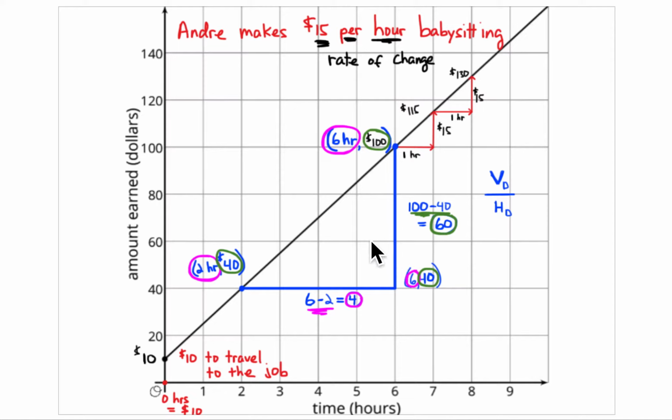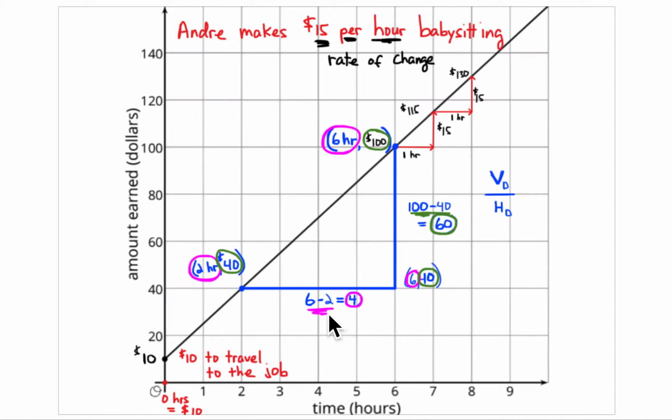And likewise, the number of units in the horizontal direction is that 6 hours minus the 2 hours. So you have to take this 2 hours away, and it slides the slope triangle to the y-axis. We slid it down first, and then you slide it over. So we're getting this point to be at the origin right here, 0, 0.